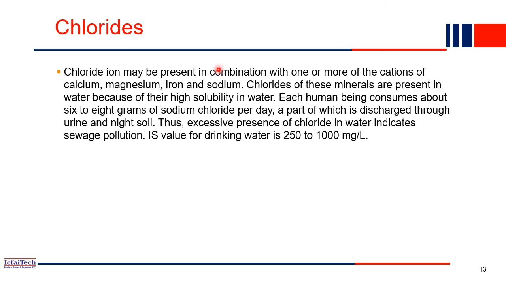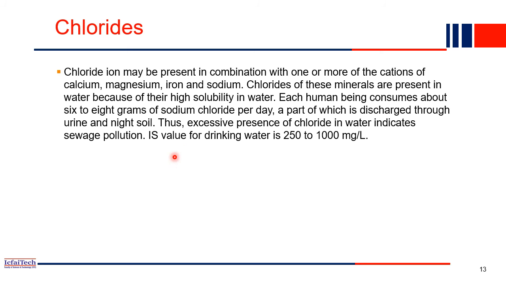So the chloride ion will be present in combination with one or more cations, right? With calcium or magnesium, iron, or with sodium, basically it combines, and in chloride form it will be present. So the chlorides of these minerals are present in water because of high solubility in water, right? For example, humans also consume salt, right? Salt is composed of sodium chloride, NaCl.